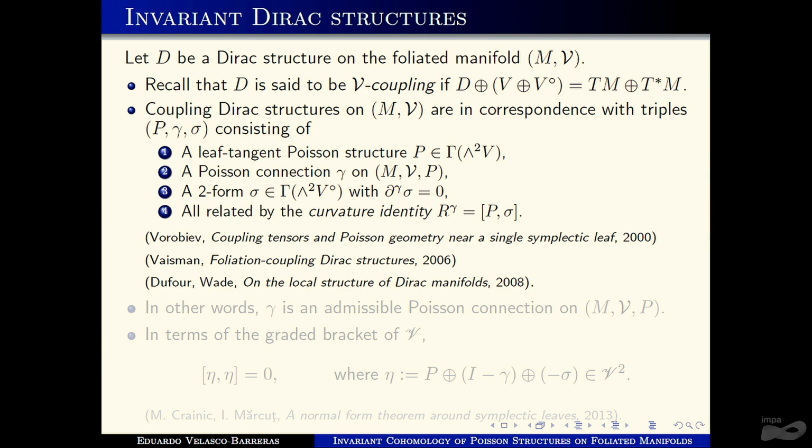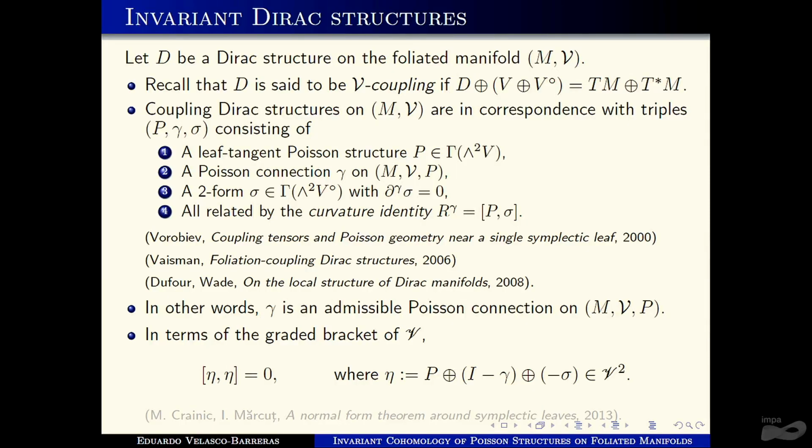All these conditions can be simply summarized by saying that gamma is an admissible Poisson connection, where sigma is the Hamiltonian for the curvature. And in terms of the graded Lie bracket, all four conditions can be summarized in a single one. If we define this element of this big graded Lie algebra, we have components of degree (0,2), (1,1), and (2,0), so an element of total degree 2.